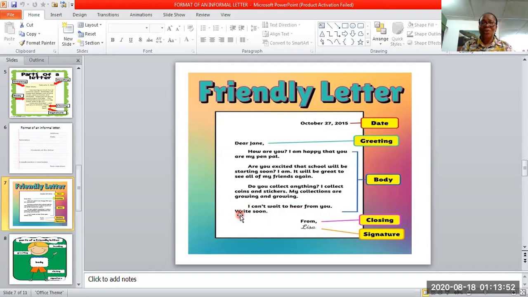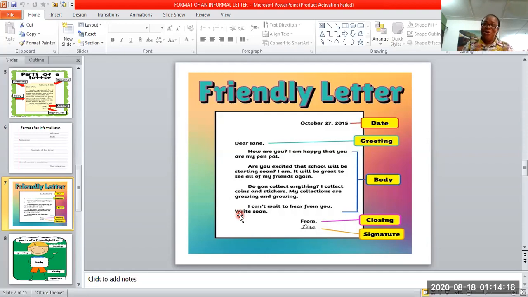You must write your letter to your friends, to your family members, and place your signature, that is your name, at the end of it, so that Uncle Wale will know that you wrote the letter. Uncle Shagun will know that you wrote the letter. Halimat, your best friend, will know that you wrote the letter.